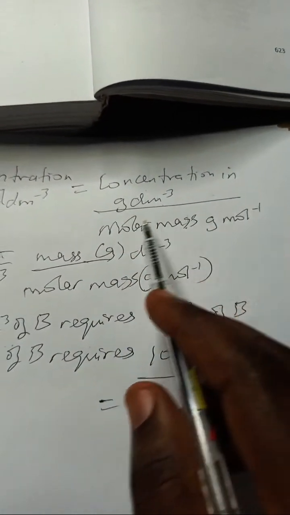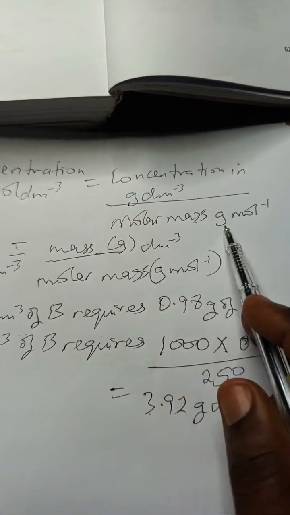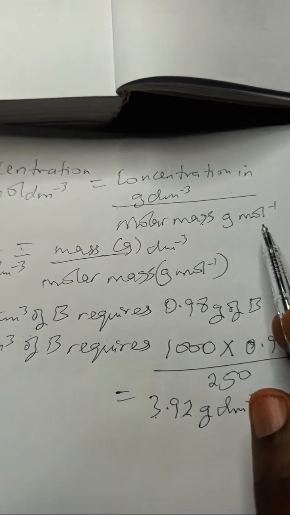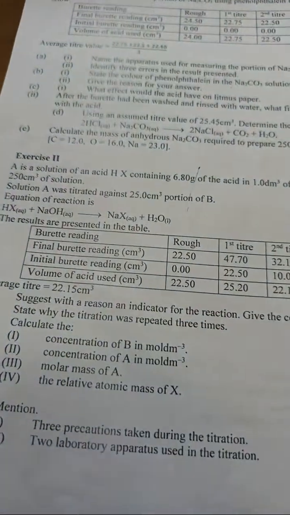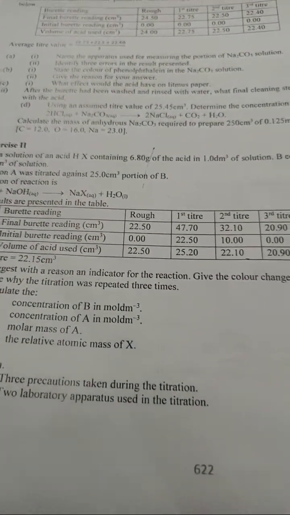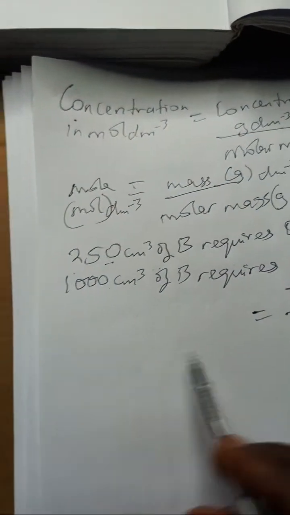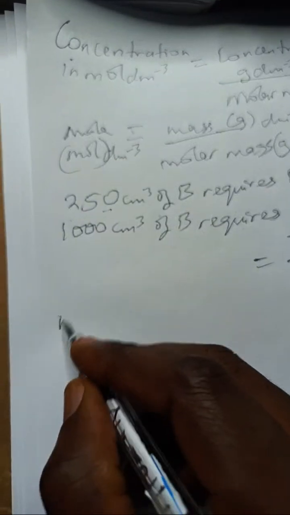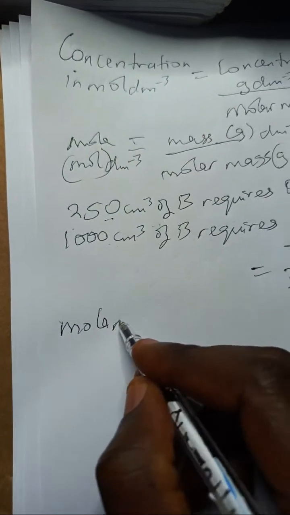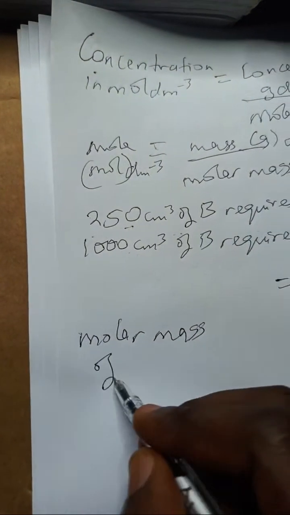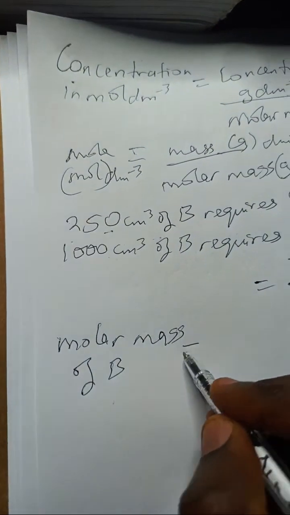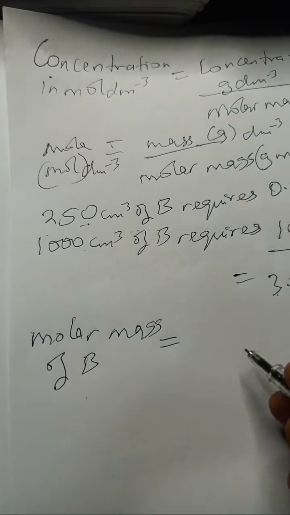We have gotten this. We have to get this also, the molar mass of your B. And your B is sodium hydroxide. So the molar mass now, that's the next thing. Molar mass of B, what will it give to us?